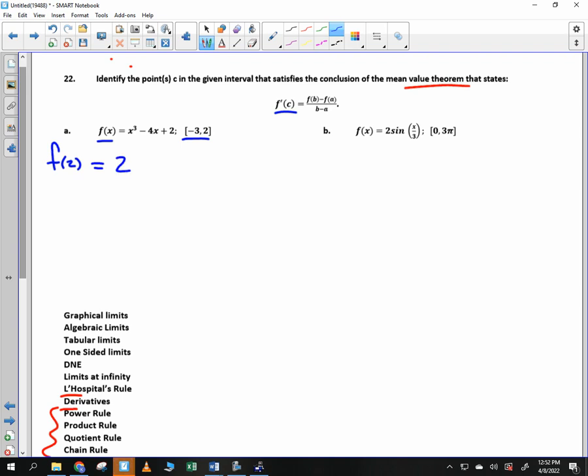Cool. And then f of negative 3: I plug in negative 3, and I get negative 3 cubed, which is negative 27, plus 12, plus 2. Is that negative 13?